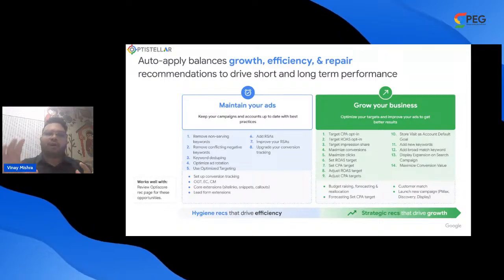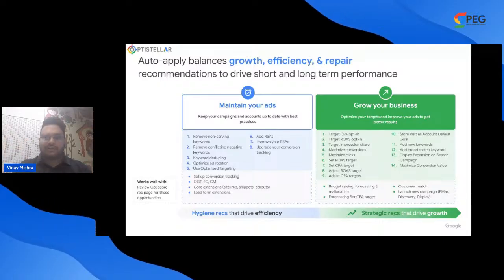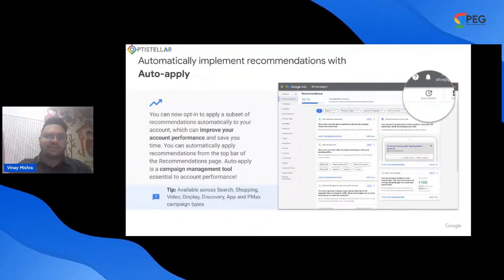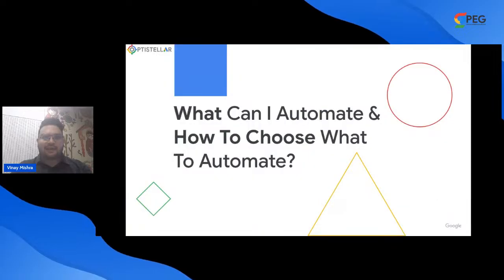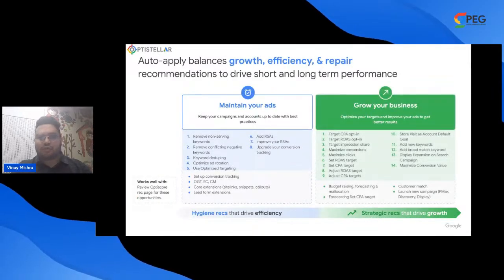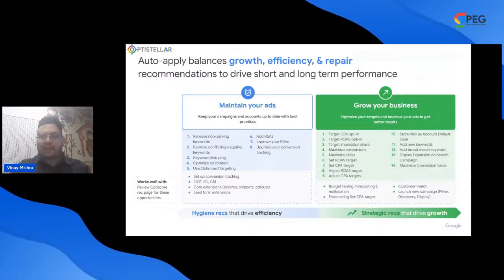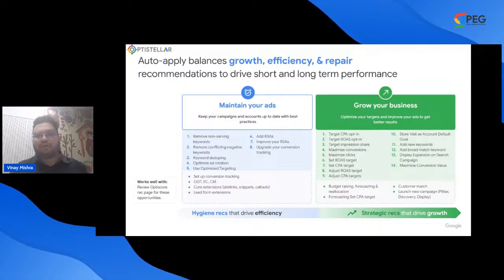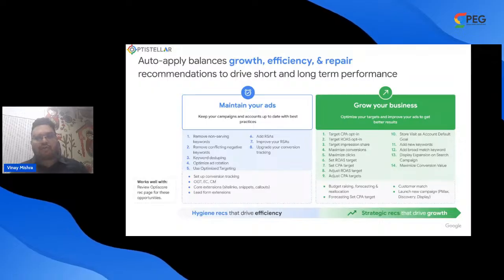When you go to the auto apply screen on the right hand side, you click on it, as you can see here. Let me show you. Let me just go back. As you can see here, when you click on auto apply, there are higher chances that you will see these two types of recommendations, which are more focused towards maintaining your ads, right? And there are auto apply recommendations which are focused on growth as well, which are specifically aligned towards driving growth.